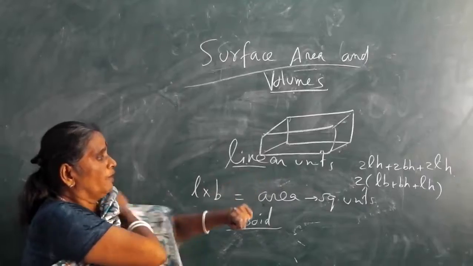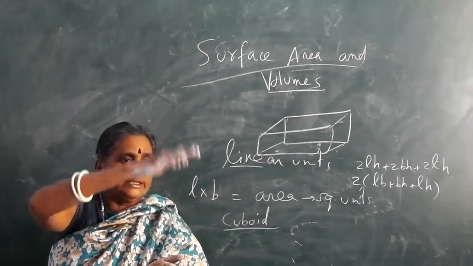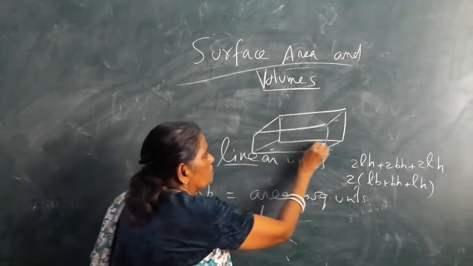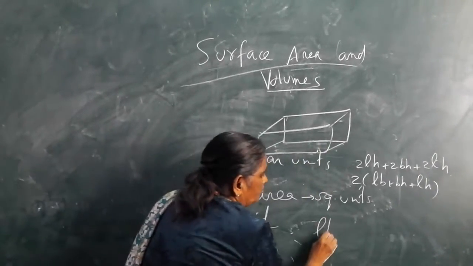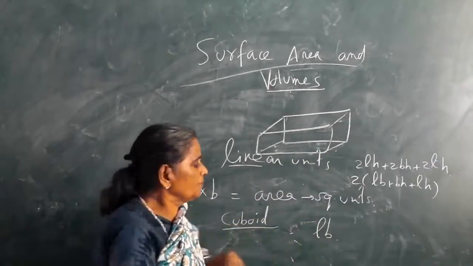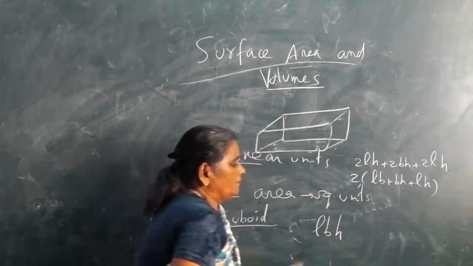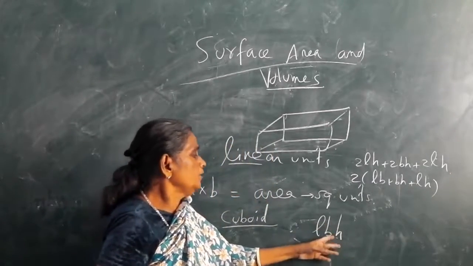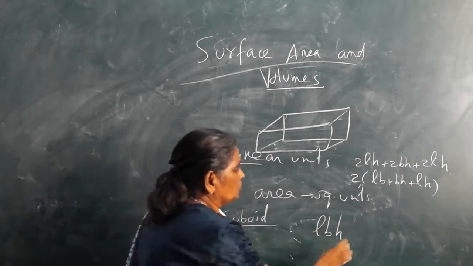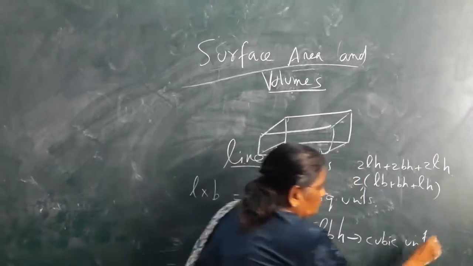Now, this is only about surface area. Suppose you want to find the volume. All these surfaces are packed one over the other. The base area is nothing but L into B. To what height are these rectangular surfaces put one over each other? To a height of H. Three linear units will give rise to cubic units. That will be volume.